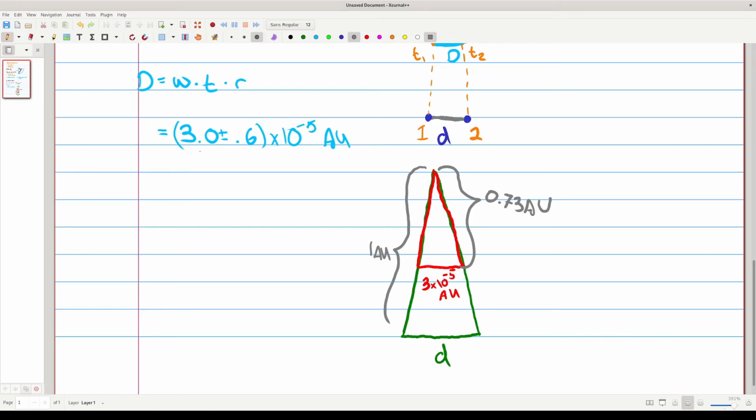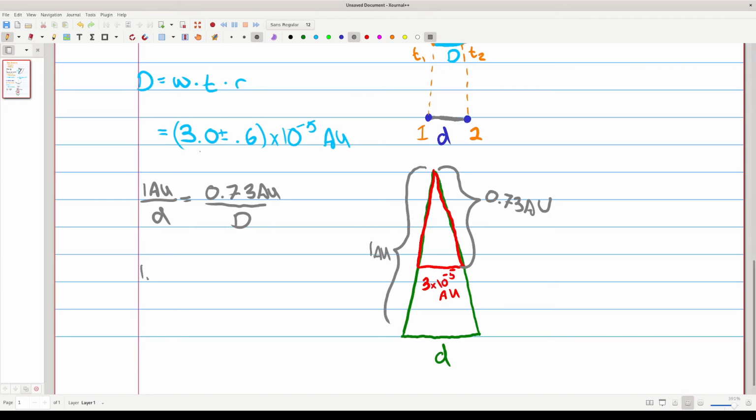So, what we have is that 1 AU over the distance d is equal to 0.73 AU over this number that was called d up here.